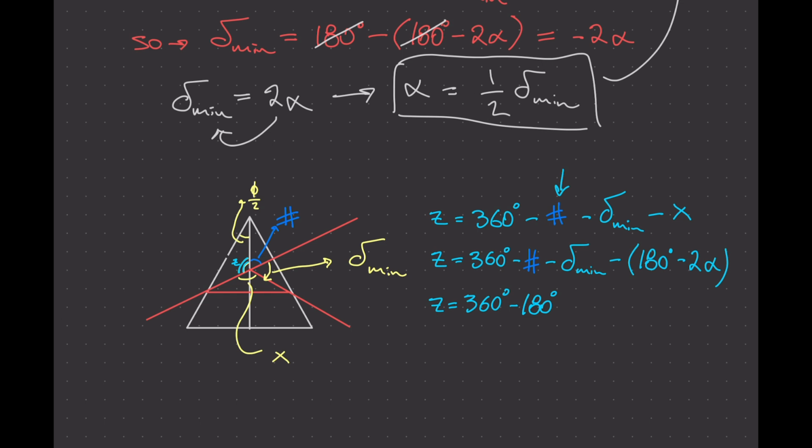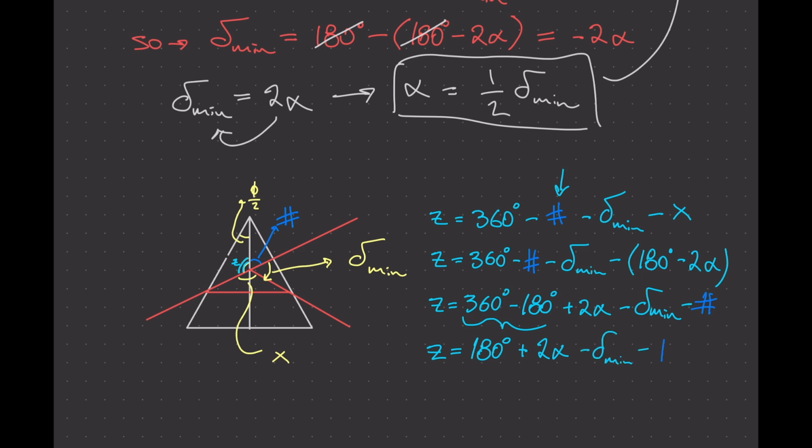We'll do minus, so here there will be a plus 2 alpha, minus delta min, and then minus this symbol here at the end. I kind of just moved some stuff around. The reason I did that is because we can simplify this, because these two are just degrees. Everything else is variables and unknowns, so we can't really simplify that. 360 minus 180 is 180. Then here we have plus 2 alpha minus.